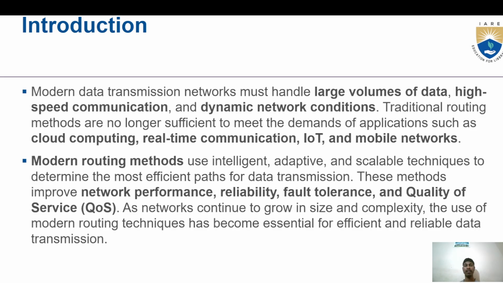The internet is provided by ISPs, and it is provided through cables which are underground. Traditional routing methods are no longer sufficient to meet the demands of applications such as cloud computing, real-time communication, IoT, and mobile networks.